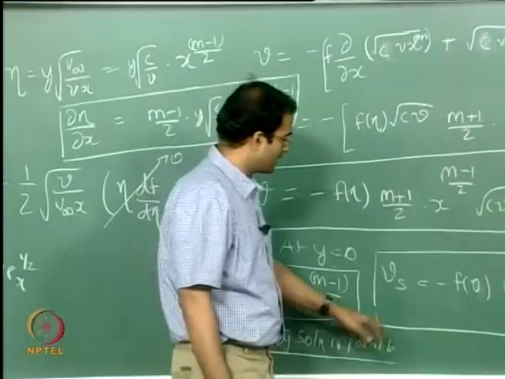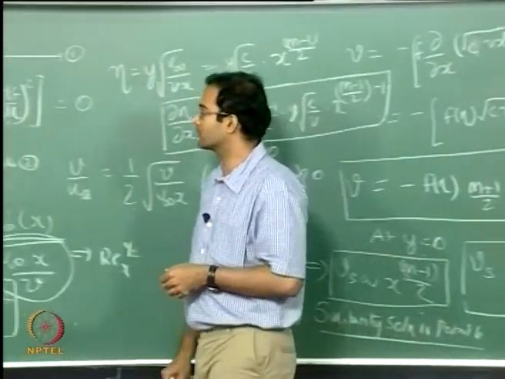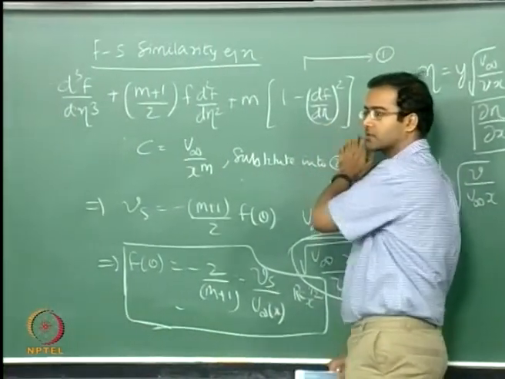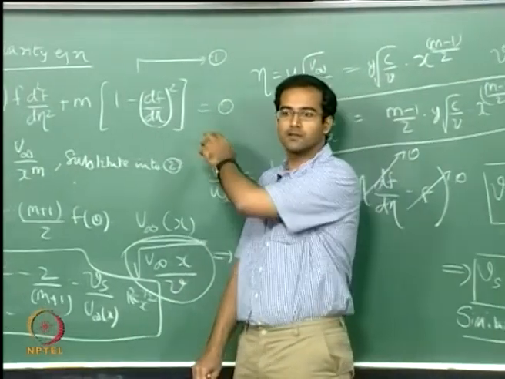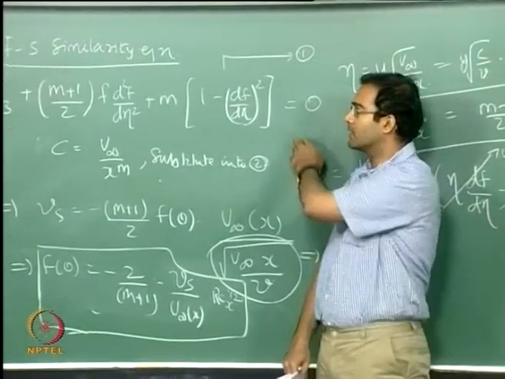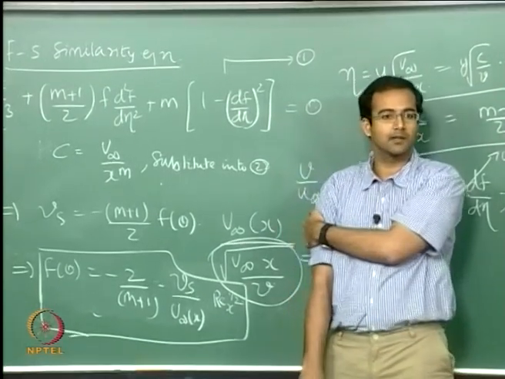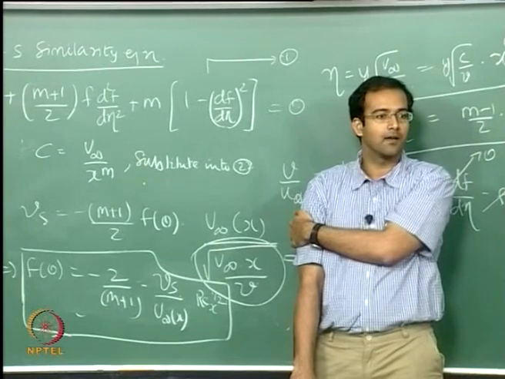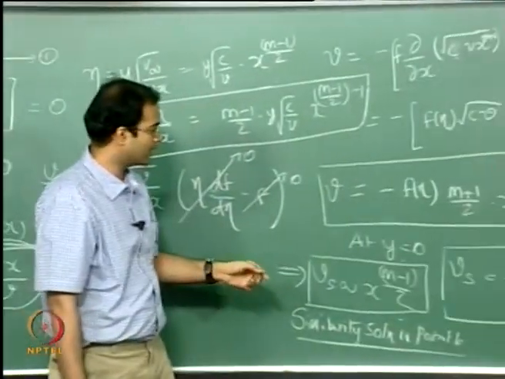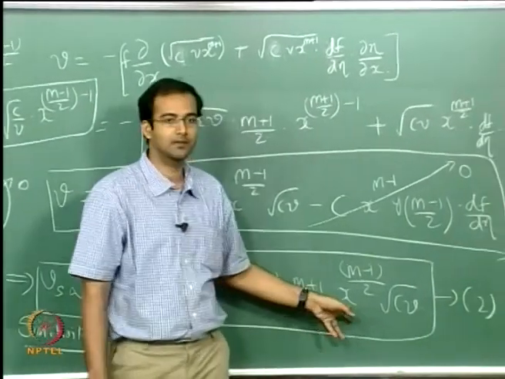So when do you say that you have a similarity solution? You have of course reduced your partial differential equation in terms of the similarity variable eta, you do not have any x and y here, okay. Also the boundary condition should not have any terms in terms of x and y, okay. Now when you write down the boundary condition for f of 0, you see it is a function of some x, okay.